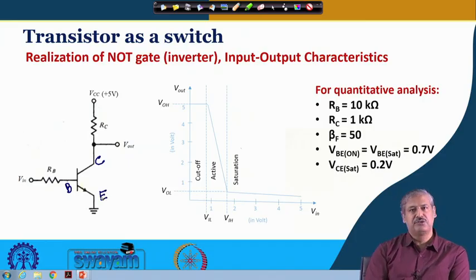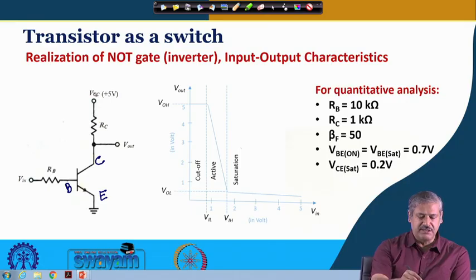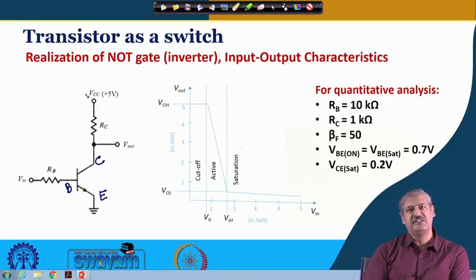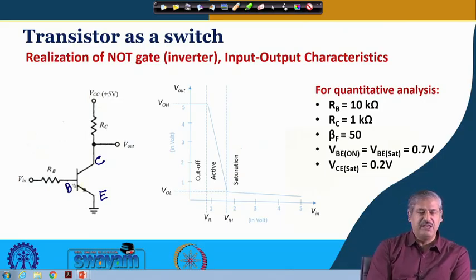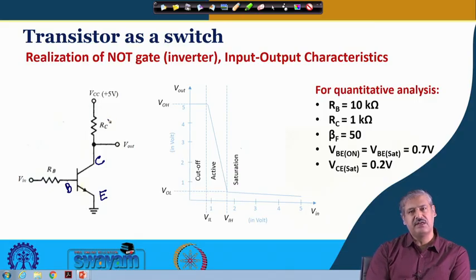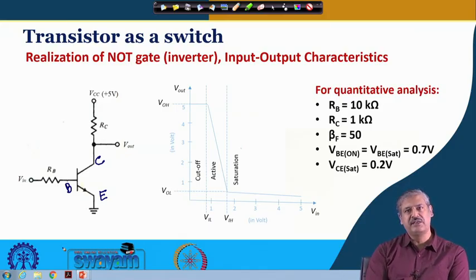This collector is connected through RC to power supply VCC, a positive power supply, which we consider 5 volt here, and the base is connected to the input voltage V in through a base resistance RB. This is collector resistance RC, and the output is taken from collector C. So, this is the basic configuration which we shall examine.